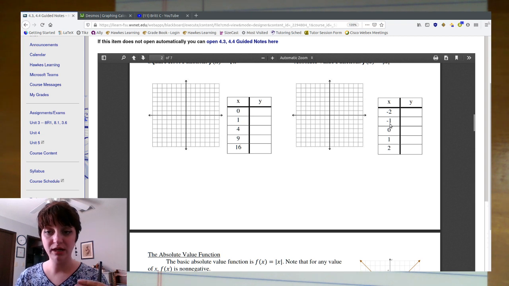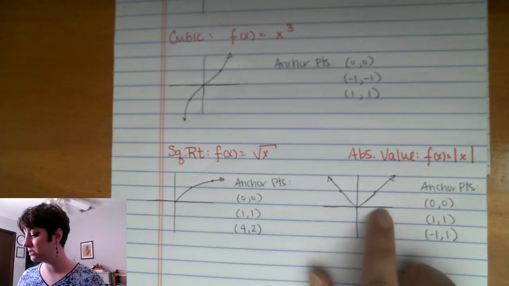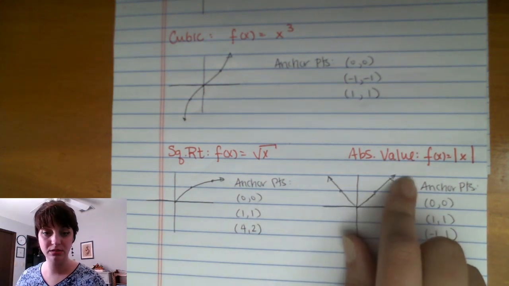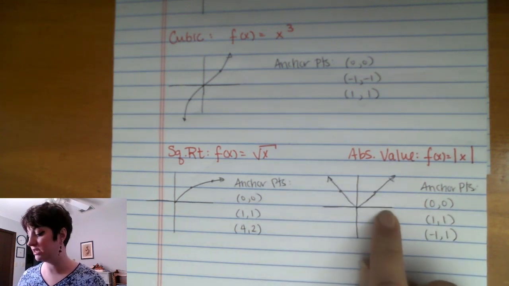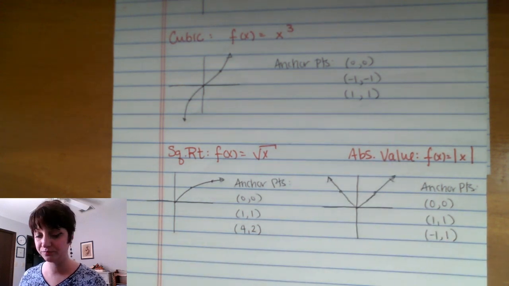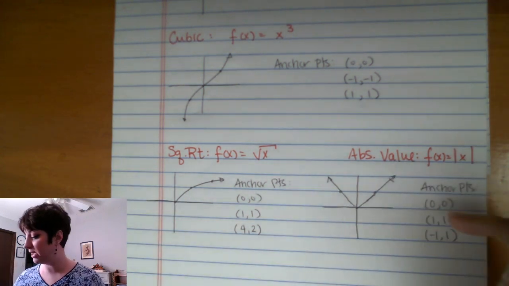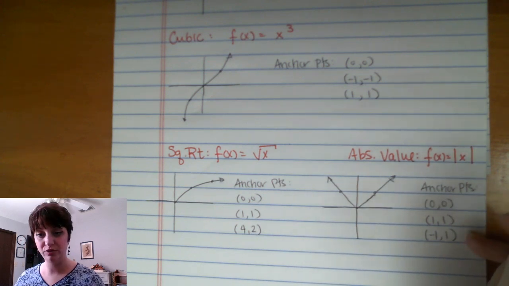Absolute value of negative 1 is 1. Absolute value of 0 is 0. Absolute value of 1 is 1. And you get a V shape, okay? Because it's linear on each side, right? So whatever x value you put in, you just get the y value, but positive out, okay? So same x's, 0, 1, negative 1, just calculate the absolute value of those points.